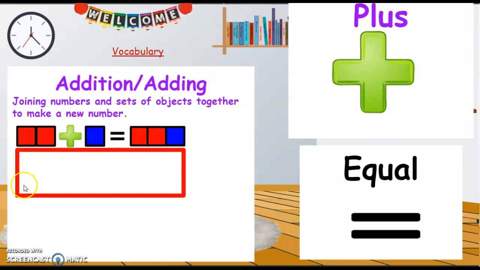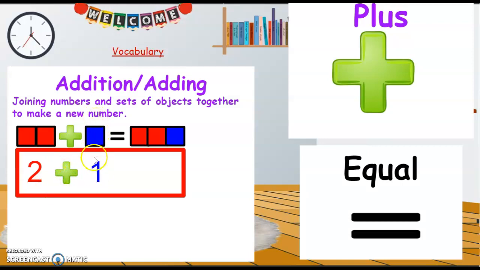All right, now in this red rectangle, I am going to show you a number sentence. In a number sentence, you have to make sure that you separate your groups of objects first. So for example, our first group has 2. Then we're going to use our plus sign because we are joining objects together.